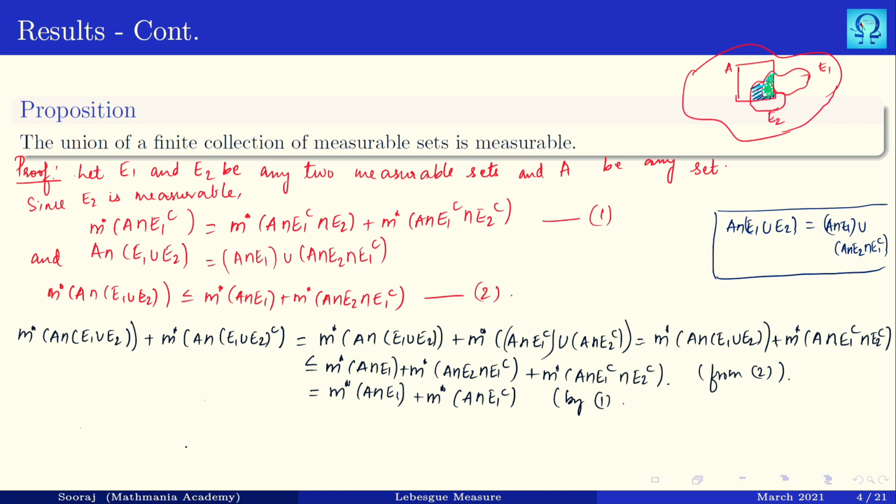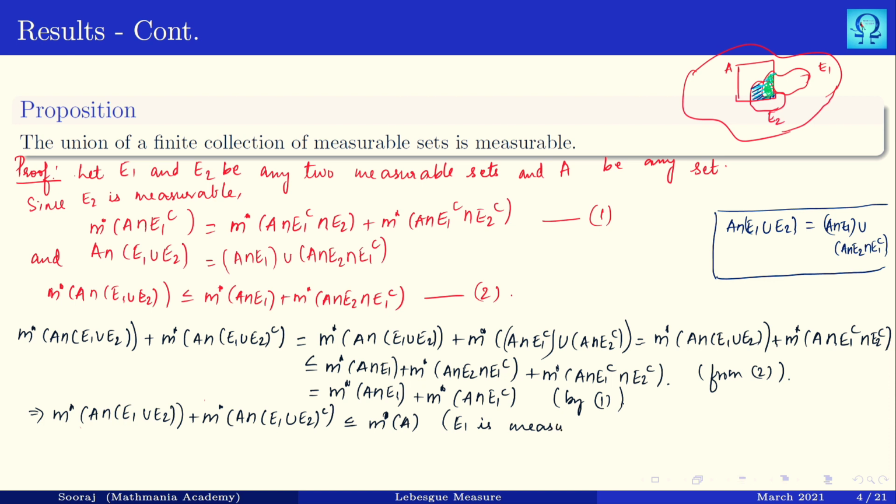Right? So what did we prove? This is happening to be true. We shall write this as m star of A intersection E1 union E2 plus m star of A intersection E1 union E2 whole complement is smaller than or equal to, I write it as, outer measure of A. It's because E1 is measurable.